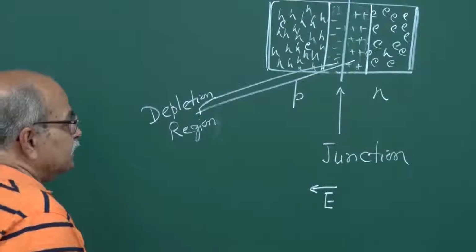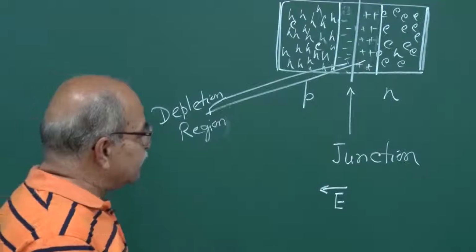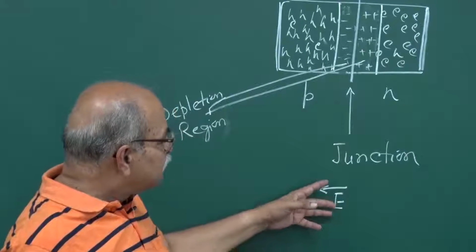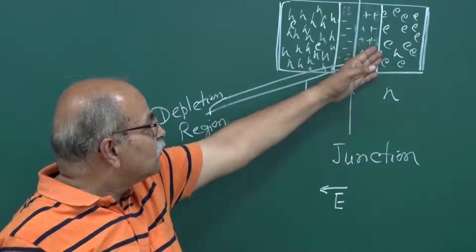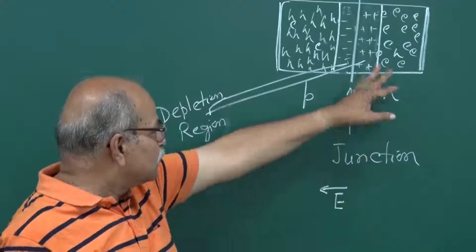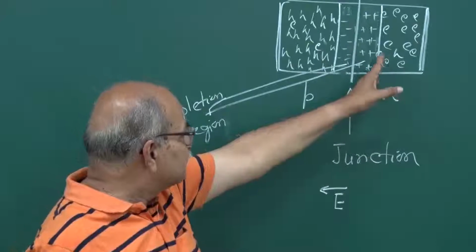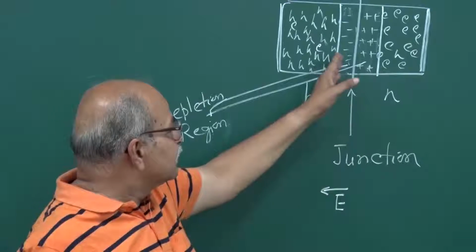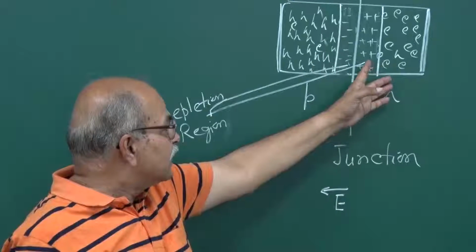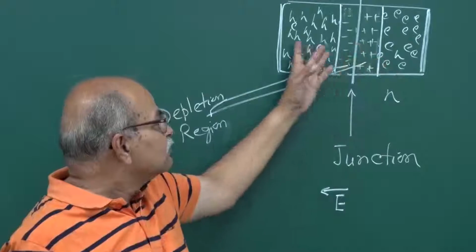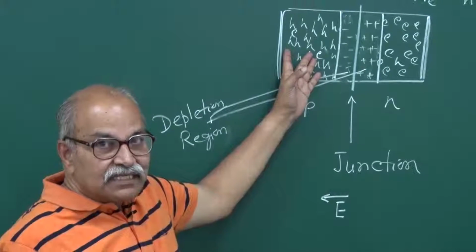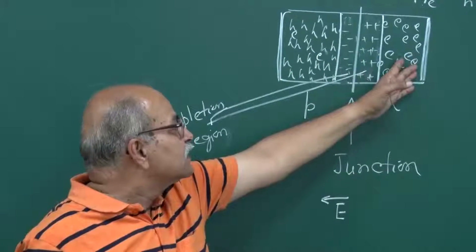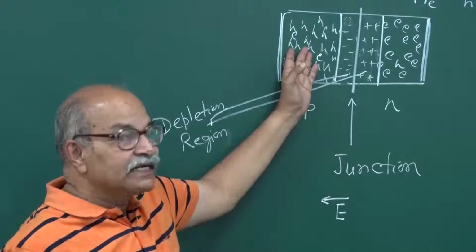Then we said that once you have an electric field, you will have some potential variation also. In this case, the potential is decreasing from right to left. So this will be at a higher potential, this will be at a lower potential. There will be a potential difference between this N side and this P side.